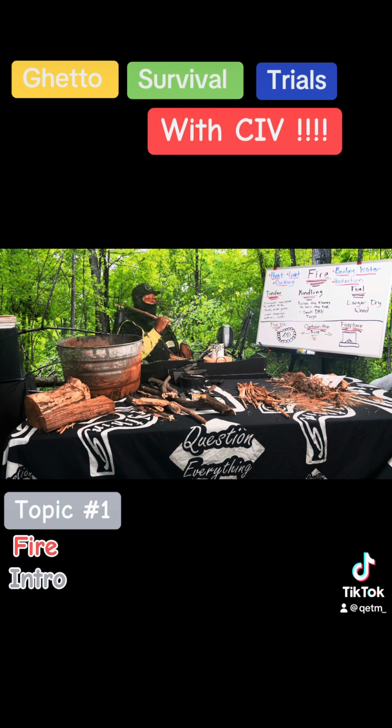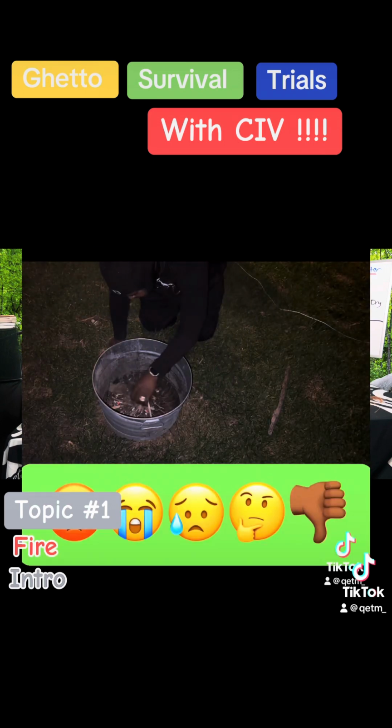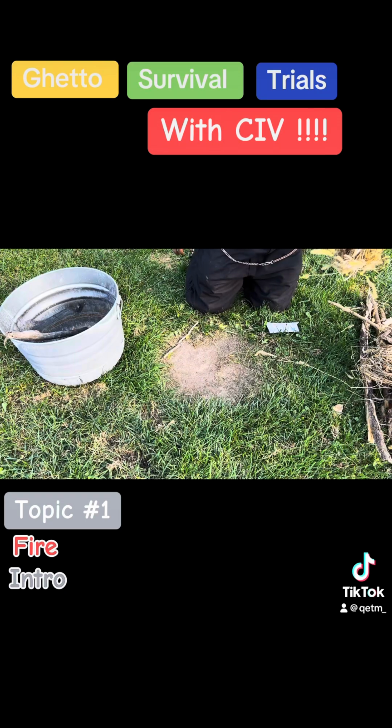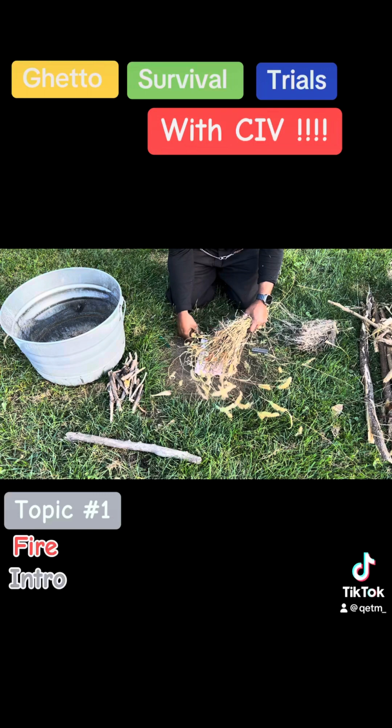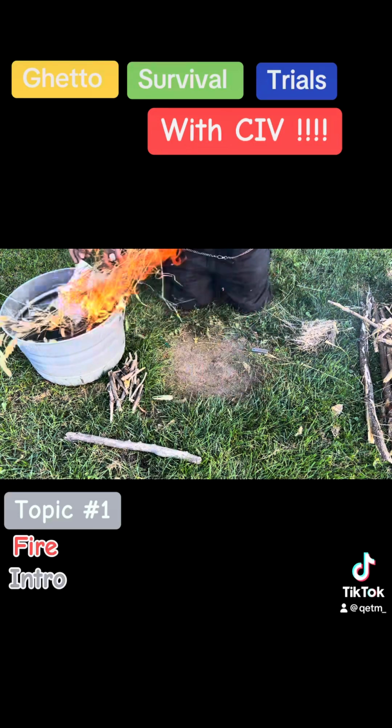So basically what I learned from my trials, my little ghetto survival trial of fire, was that you really want a lot of tinder so that you have enough heat and enough time to start lighting these twigs on fire.